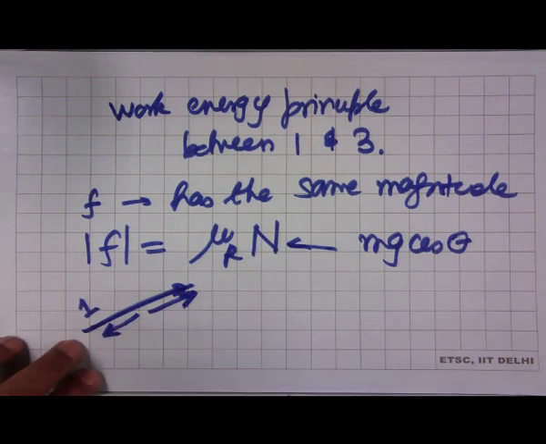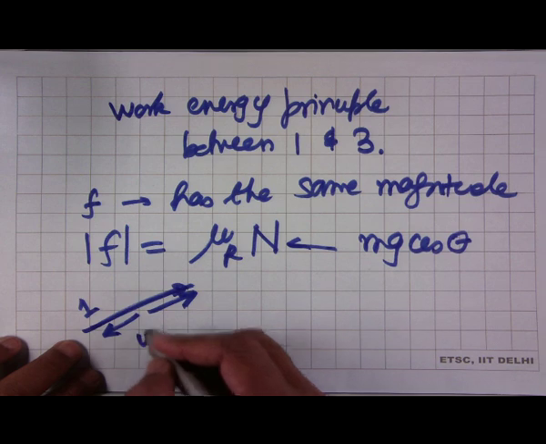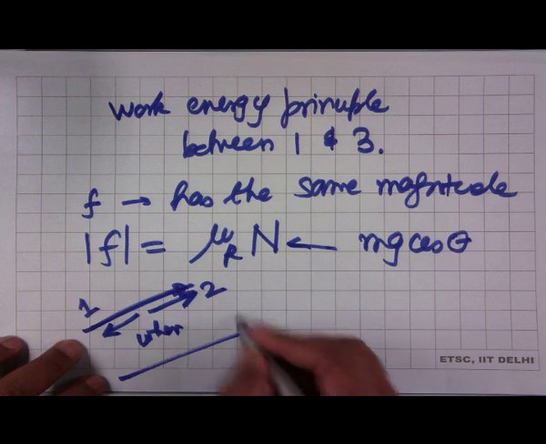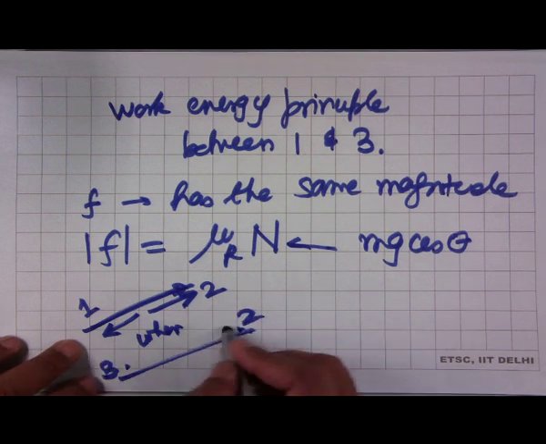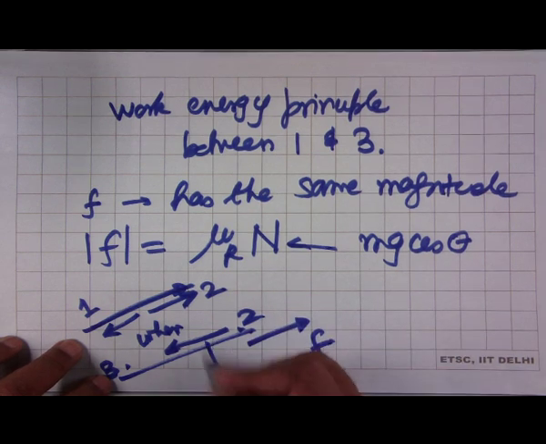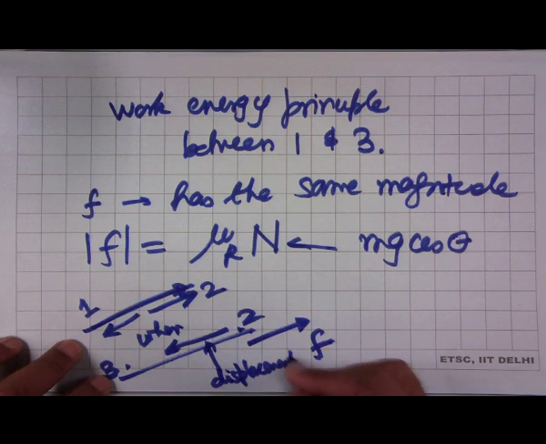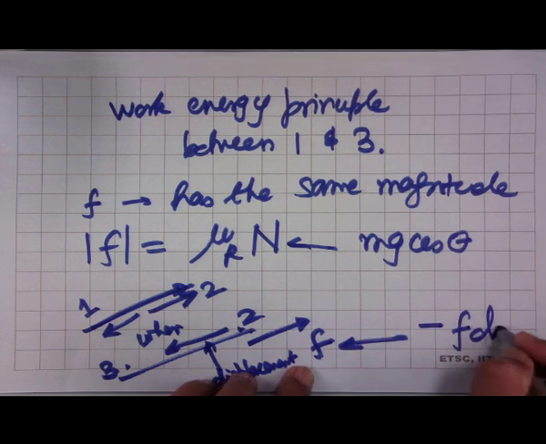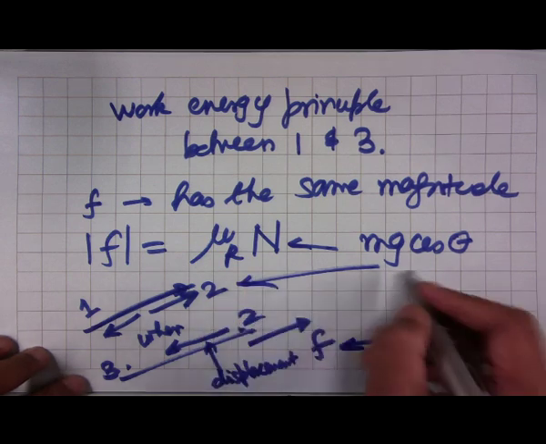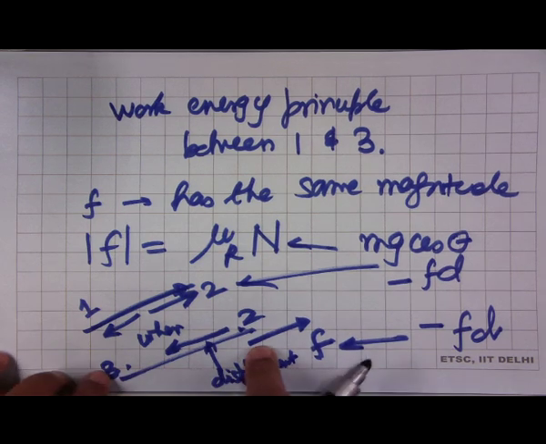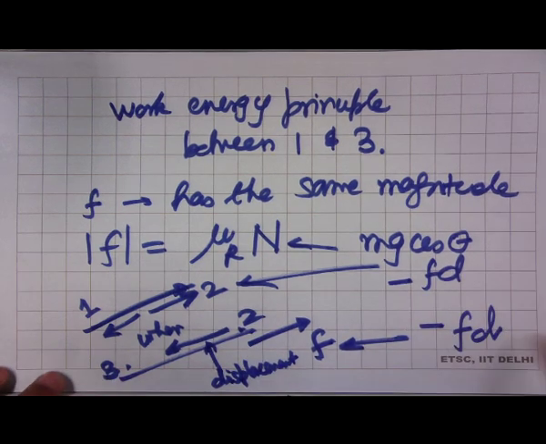This is when the particle moves from 1 to 2, and when it moves from 2 to 3, it is coming down. So, now the friction force is in this direction and this is the displacement. Once again, the work done by friction from 2 to 3 will be equal to minus F times d, and the work done by friction during its movement from 1 to 2 will be minus F times d.